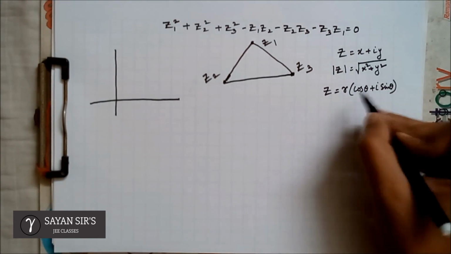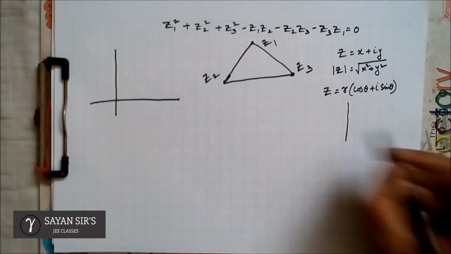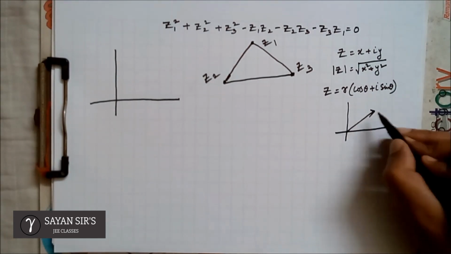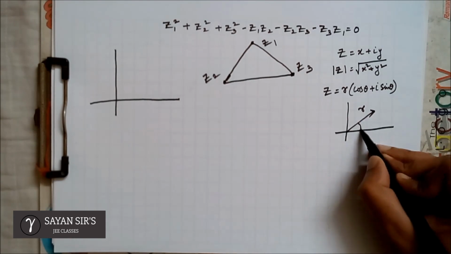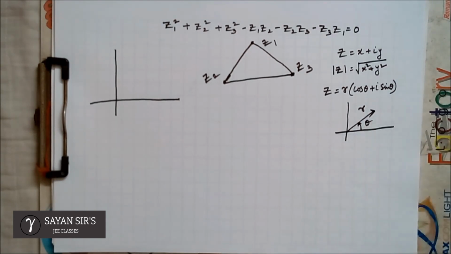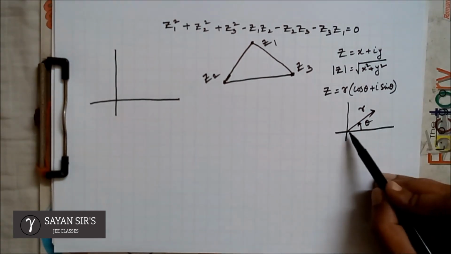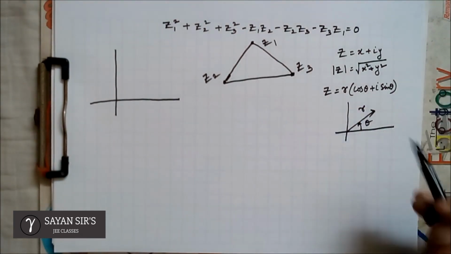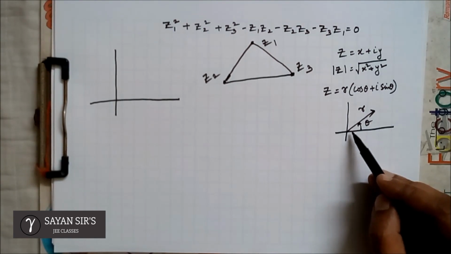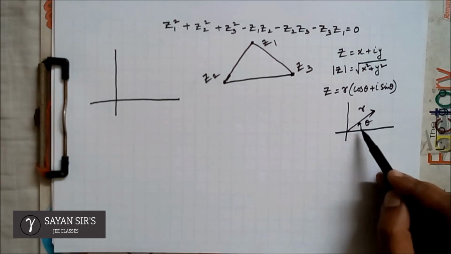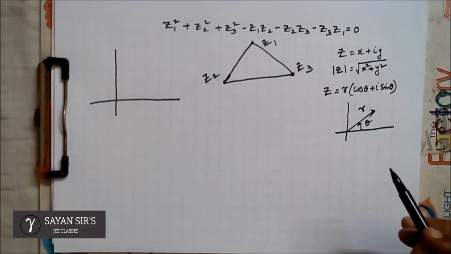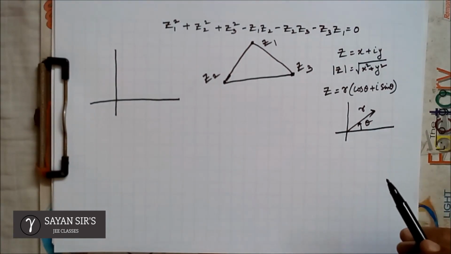So here's a complex number which has a magnitude r and makes an angle theta with the positive x-axis. So a complex number has both magnitude as well as a direction. We won't say it has a direction, but we'll say that it has directional properties because it has a certain angle. So we can always treat a complex number like it's a vector.